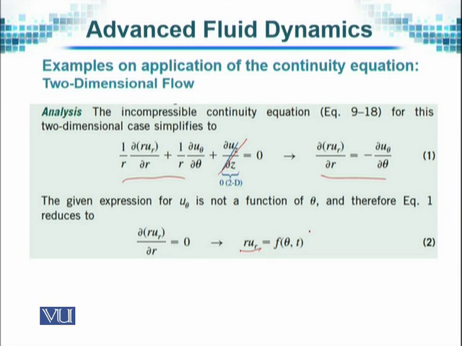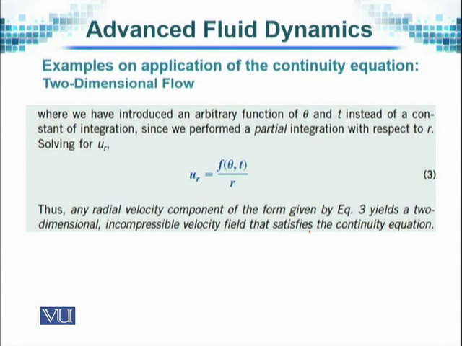Any function that we write as f of theta and t should work. And therefore, the value of ur can be written as ur is equal to f of theta and t divided by r.